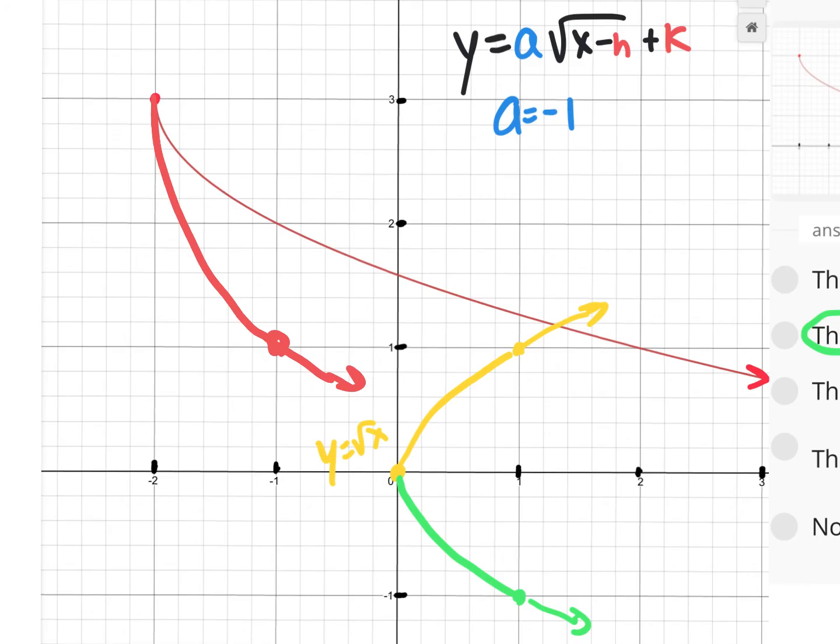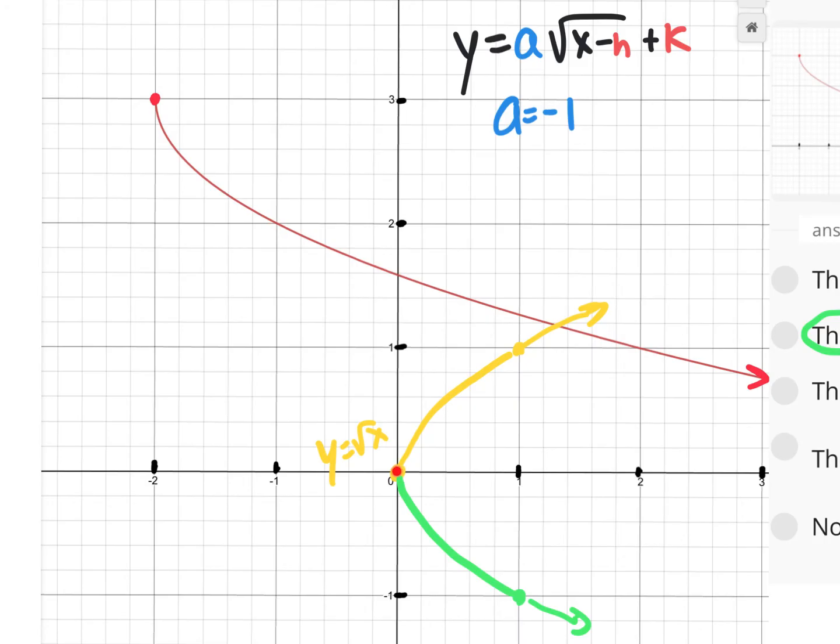But that's not what's happening here, so let me erase it. What's happening here is that it goes down 1 over 1. So it did not get vertically stretched or vertically compressed. It's exactly the same as the parent graph.